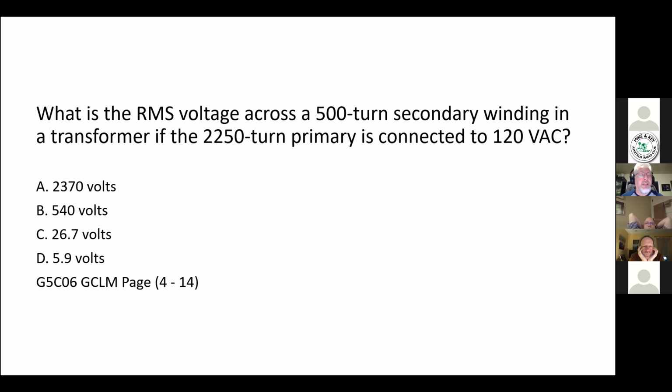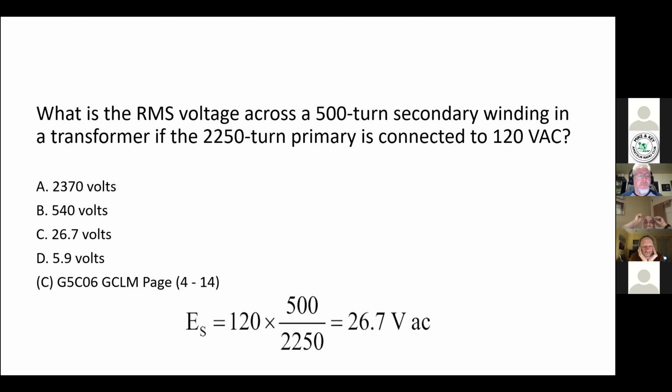C, 26.7 volts. Or D, 5.9 volts. Charlie is correct, and here's the math. The ratio of 500 over 2,250 times the 120 gives you your 26.7.